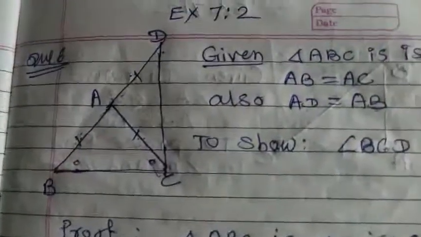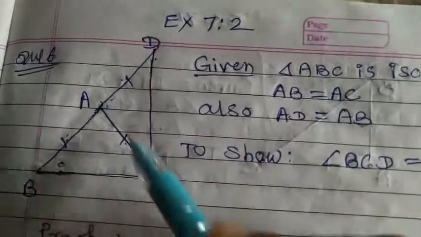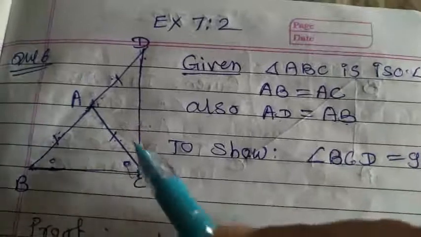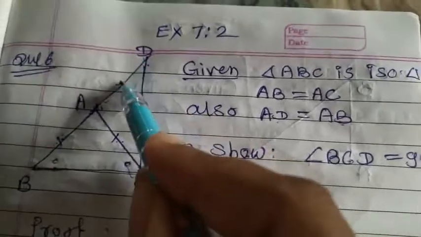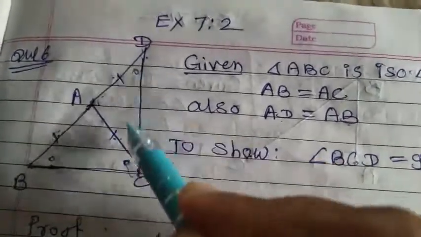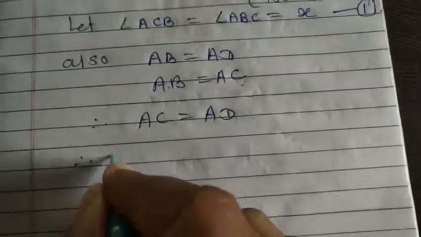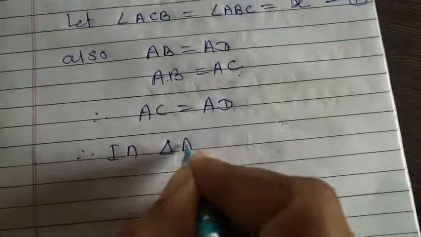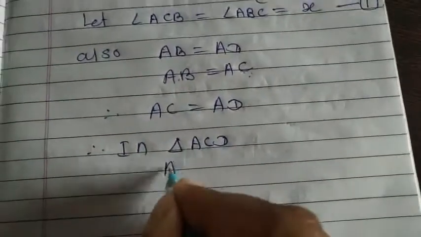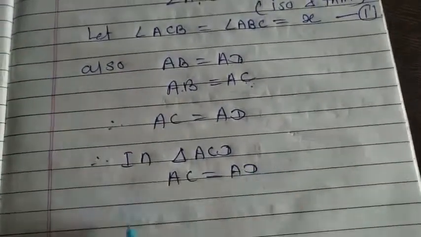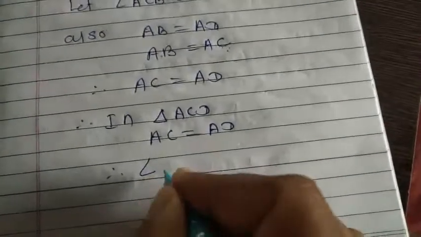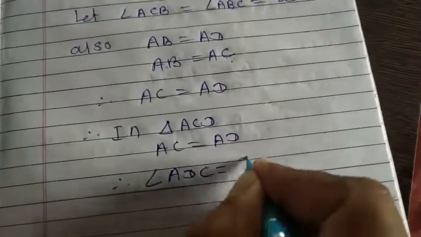And if AC is equal to AD, means in triangle ACD both two sides are equal, then their opposite angles are also equal, and therefore in triangle ACD, AC is equal to AD, and therefore the angle opposite to AC is ADC, and the angle opposite to AD is ACD.